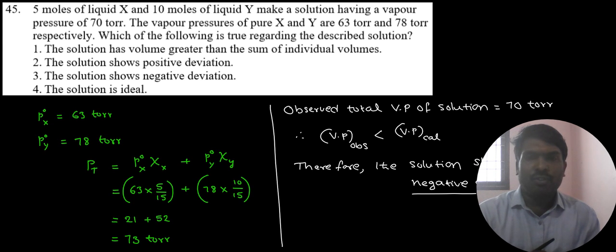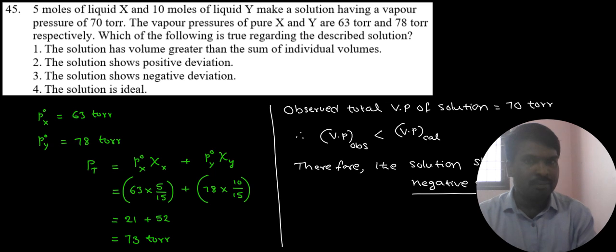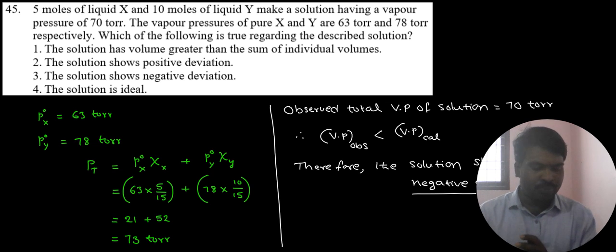5 moles of liquid X and 10 moles of liquid Y make a solution having vapor pressure of 70 torr. The vapor pressures of pure X and Y are 63 torr and 78 torr respectively. Which of the following is true regarding the described solution? This 70 torr is the observed total vapor pressure of the solution.